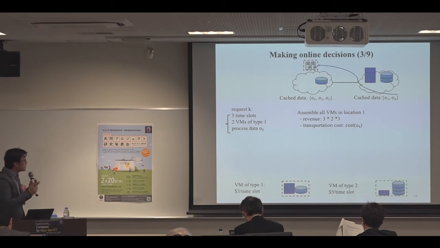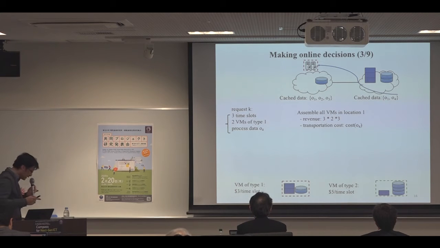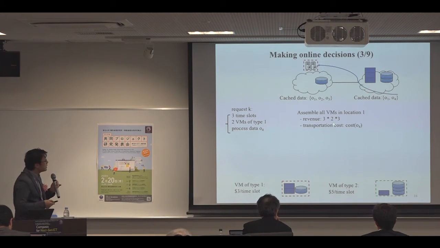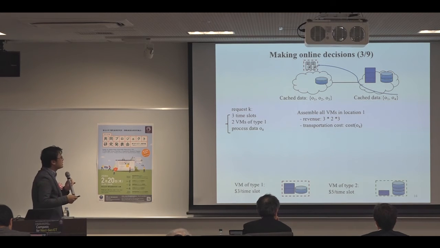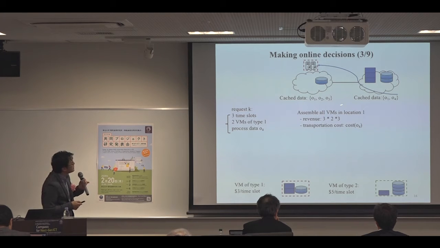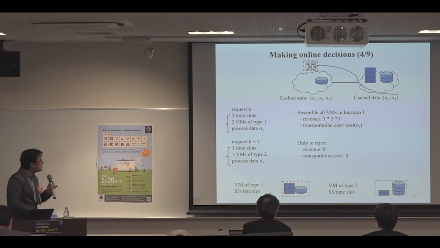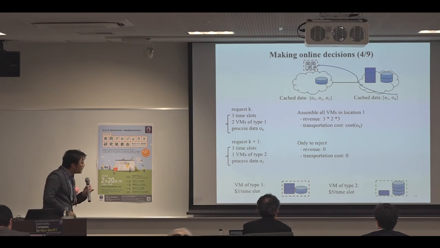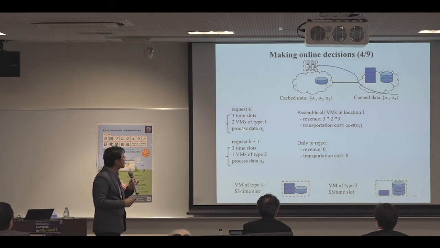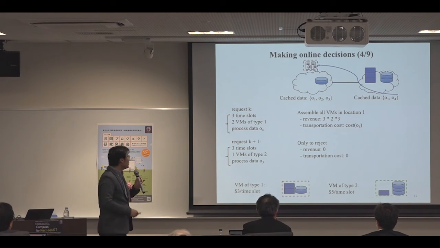If the first choice is adopted, the provider assembles all the virtual machines in location 1, then the provider obtains revenue 3 times 2 times 3, and incurs transportation cost because data 4 is not available in this site. Consider that right after this request, another request comes.